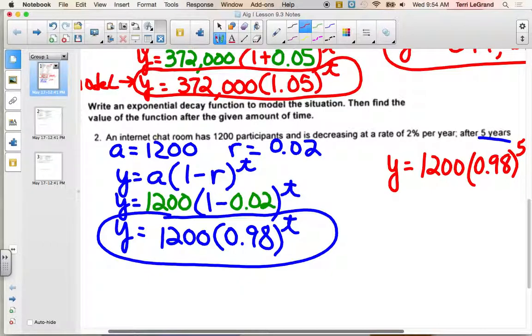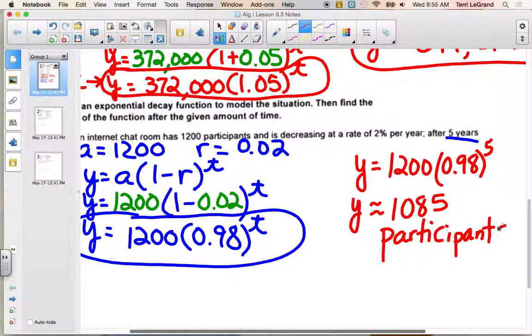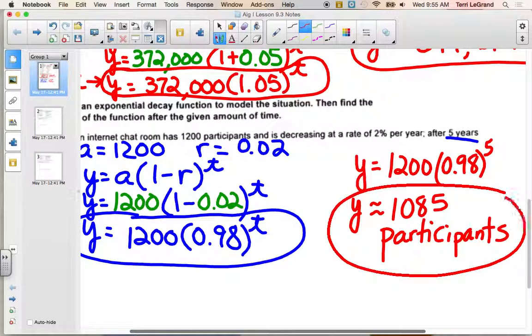Now these are participants in the internet chat room, so what would we round to this time? Whole numbers, because these are people, right? So round it to the nearest participant. And again, we're working problems where we know what our y value is representing, so we give it a label.